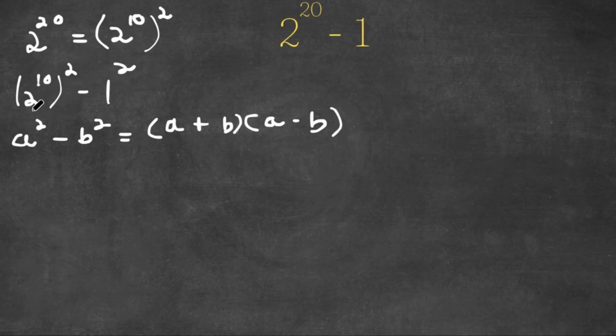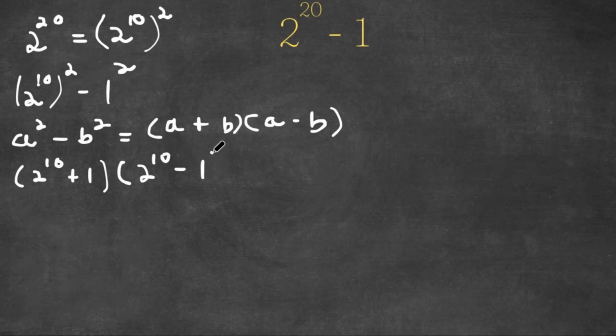So now if we plug in 2 to the power of 10 for a and 1 for b, we get (2 to the power of 10 plus 1) times (2 to the power of 10 minus 1).